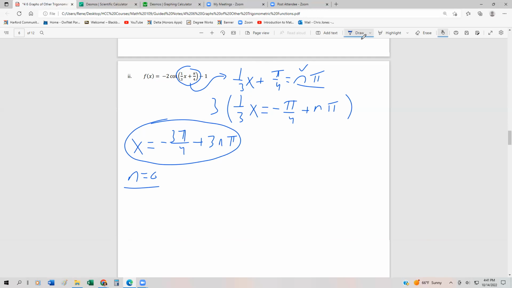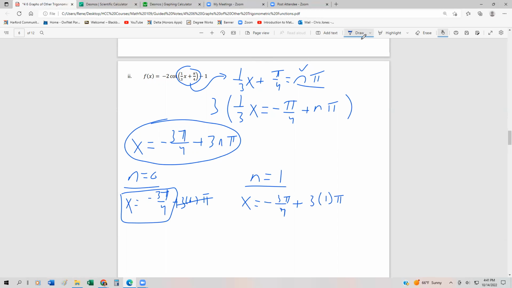So that would be x equals negative 3 pi over 4 plus 3 times 0 pi, or just x equals negative 3 pi fourths. Now, when n is equal to 1, that's going to be a little bit trickier, but that's okay. We can handle it. So x is going to be negative 3 pi over 4 plus 3 times 1 pi, or just 3 pi.